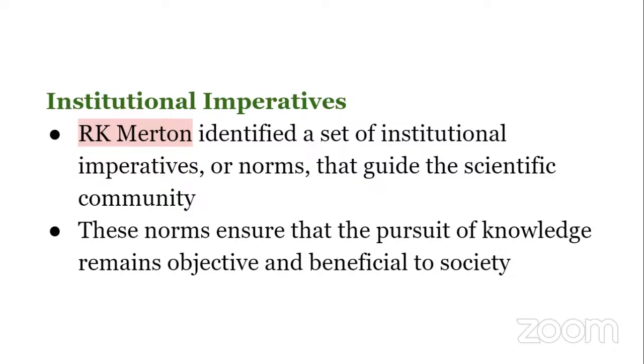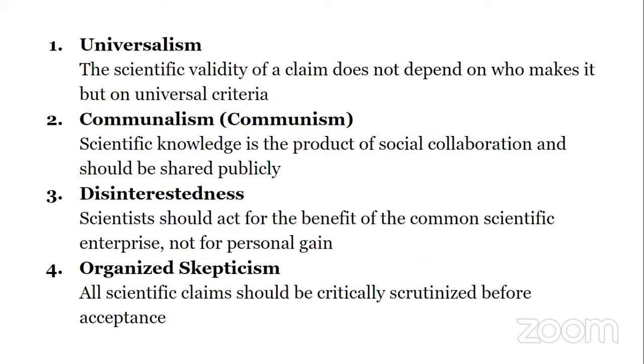By following these norms, it would make sure that the pursuit of knowledge will remain objective, that no subjectivity is there in the research, and that it remains beneficial to society. These are the key institutional imperatives Merton outlined.